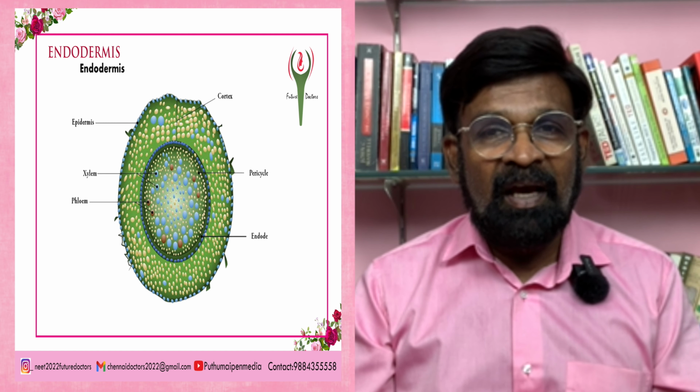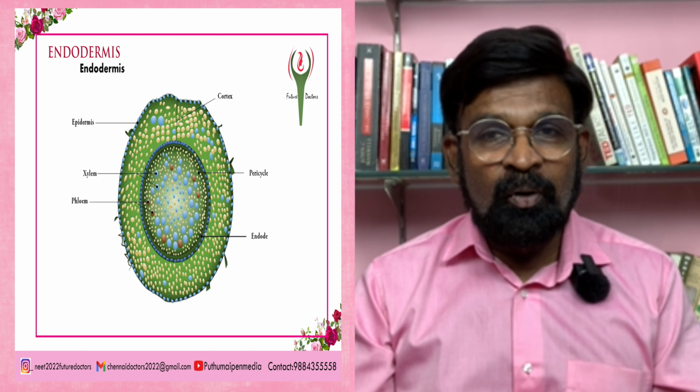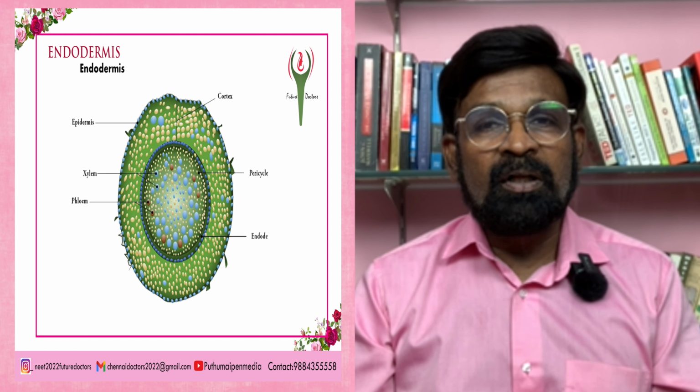The cells of the endodermis lying opposite to the protoxylem are thin-walled to permit free passage of water and minerals from the cortex into the xylem. These are called passage cells. All tissues on the inner side of the endodermis, such as pericycle, vascular strand and pith, constitute the stele.